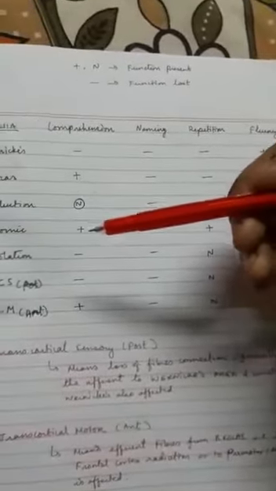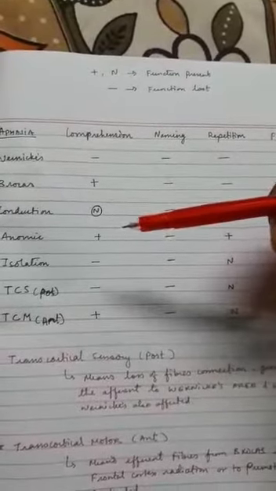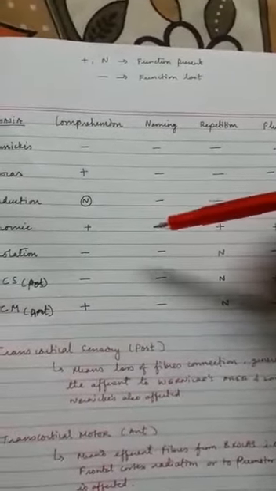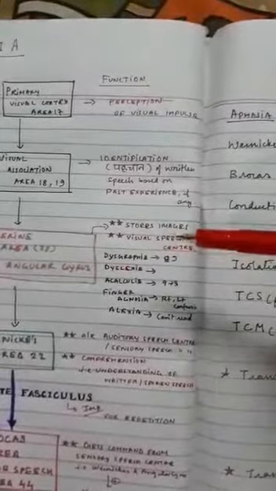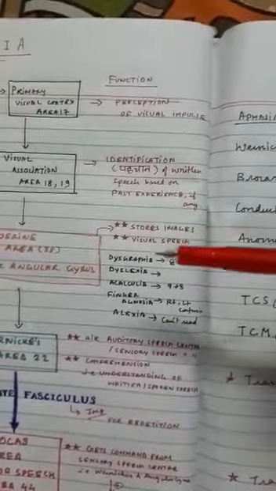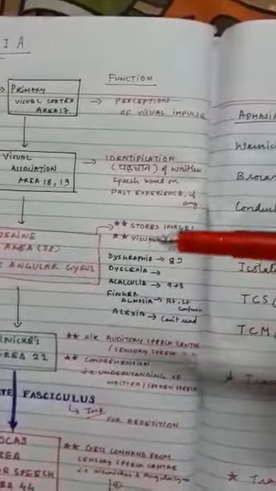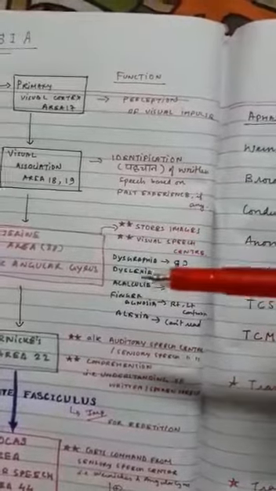Now anomic aphasia: here the person can't name properly. This is thought to be due to a lesion in the angular gyrus, which I told you about earlier. This area stores images, creates ideas and thoughts, and if this is hampered, then he won't be able to name properly.